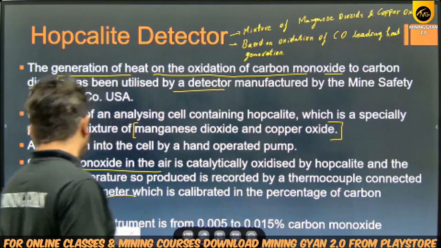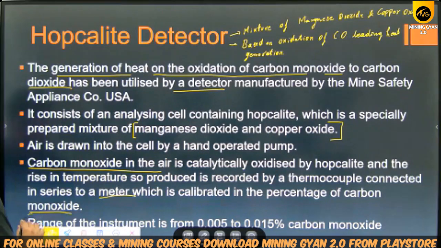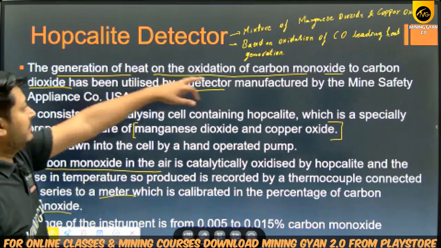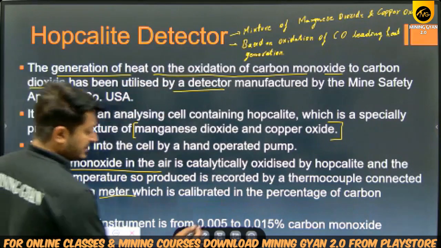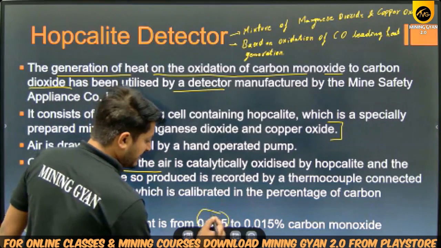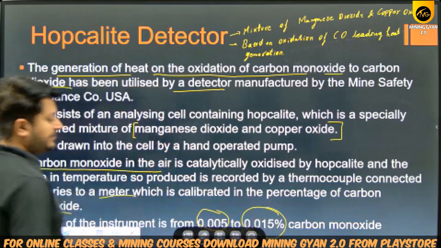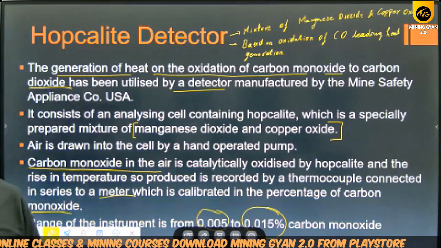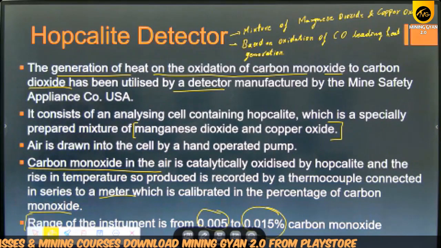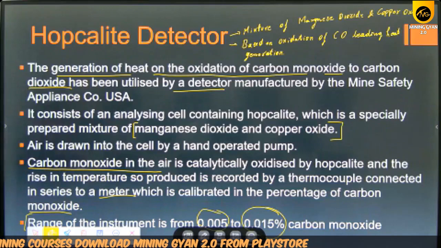Clear? Now you have to write the range of the instrument also below that point. That is, the range is 0.005% to 0.015%. Clear? Is it clear?